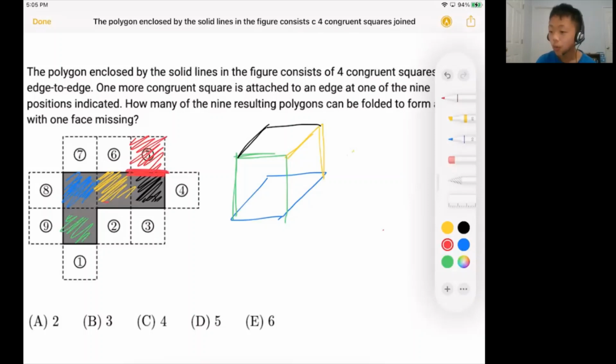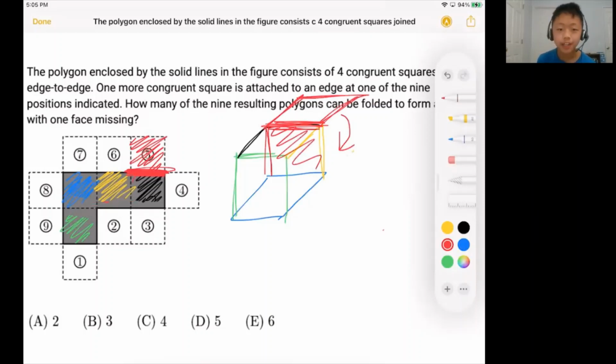So when you fold the black square up to the top face of the cube, the red square is going to fold over here. This red glue line represents this line there. But in this case, you can fold the red square down, because there's no face there yet, and that would satisfy the problem conditions. So square 5 would also work.